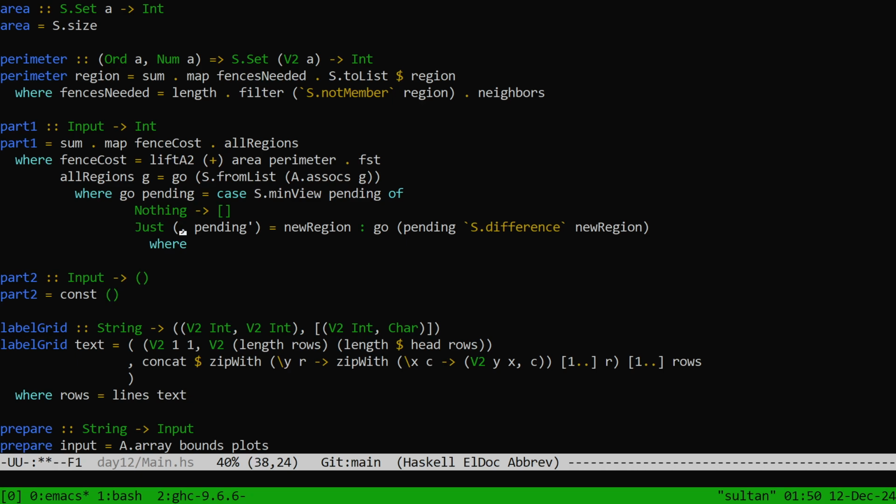I don't actually need min view because I don't really need pending, like pending prime. You can use it here. It'll be slightly faster because we'll have already deleted one of the elements. I guess that's fine. Plot, we'll say here, where new region equals flood fill connected coordinate.